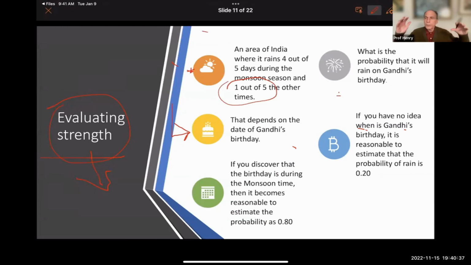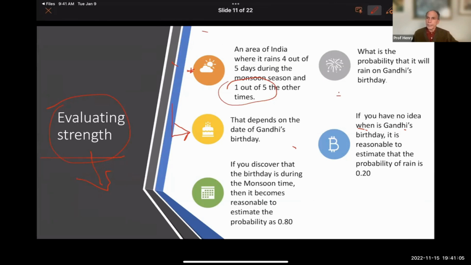Now, if you want to know whether it will rain when we celebrate Gandhi's birthday, it seems reasonable to ask, when is Gandhi's birthday? Let's say someone says, well, Gandhi's birthday is today, it's going to rain. Well, how do you know that?